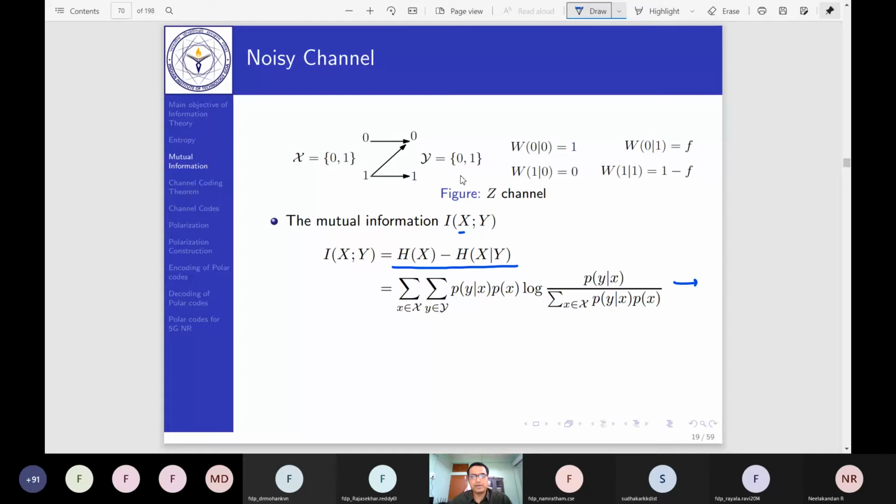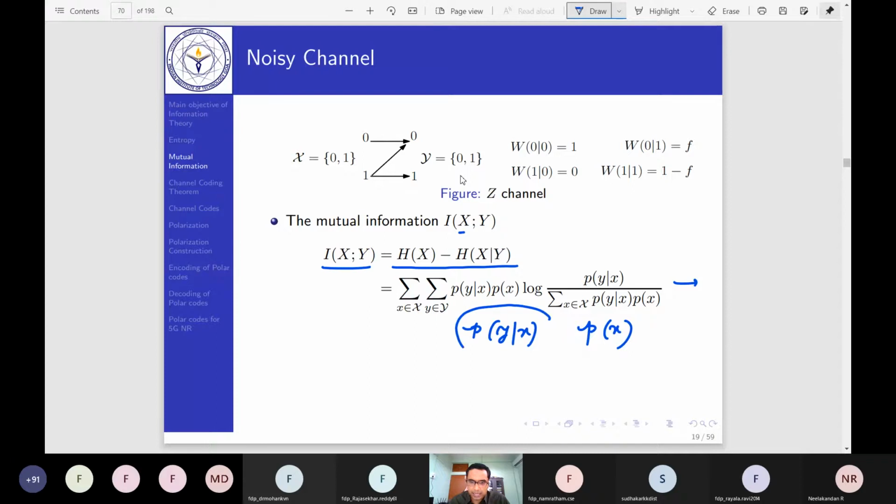If you look at this expression, you'll notice that there are only two types of terms. One is P of y given x, and another is P of x. So this mutual information is a function of the conditional probability mass function of y given x and the input distribution P of x.